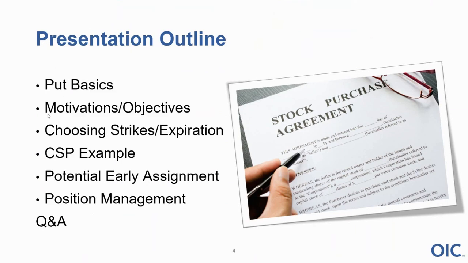We'll go through an example of a cash secured put, and then talk about some of the different risks of trading cash secured puts, such as the potential early assignment, and other risks associated with the strategy, as well as position management, what to do when things go wrong. And then we're going to finish everything up with some Q&A.